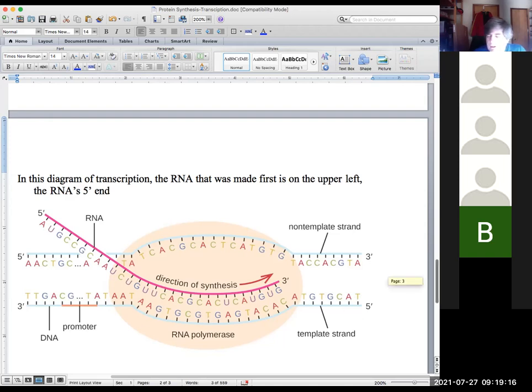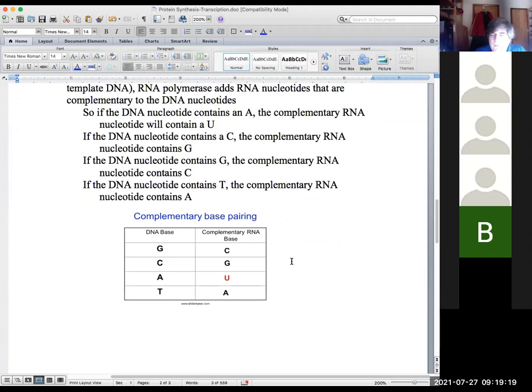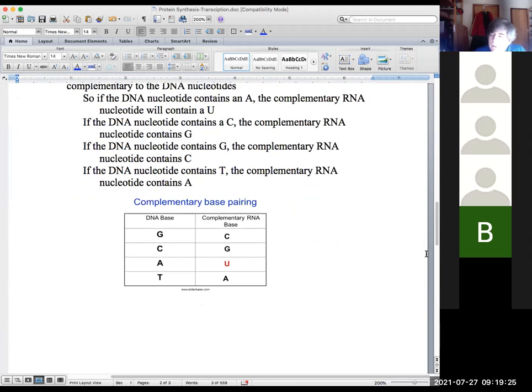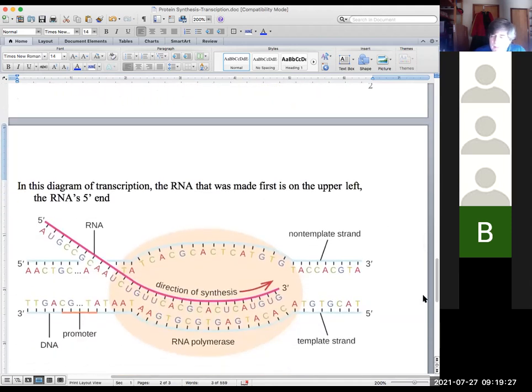So when we make messenger RNA from DNA, the main thing that we have to remember is, what are our rules for complementary base pairing? And notice that we can also do the reverse if you think about it. If we have a piece of messenger RNA, we can actually build an artificial gene from it.